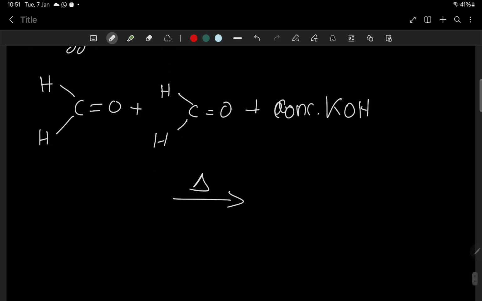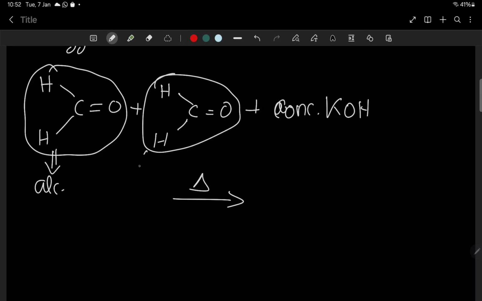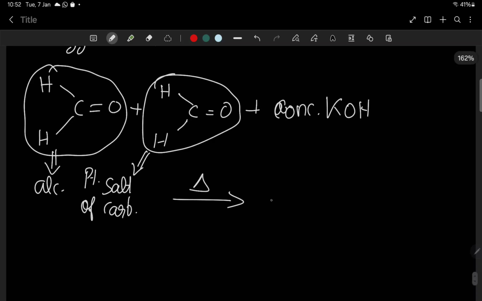Here what happened, you know. One will be converted to alcohol. The other will be converted to what? Salt, the potassium salt of carboxylic acid. Just take the first one, this will be converted to CH2OH.